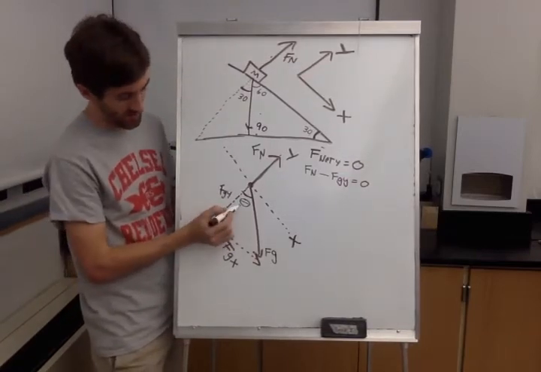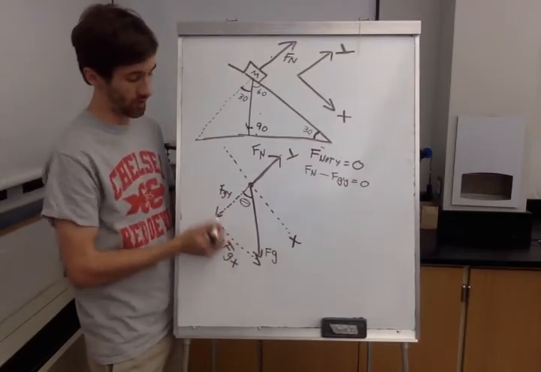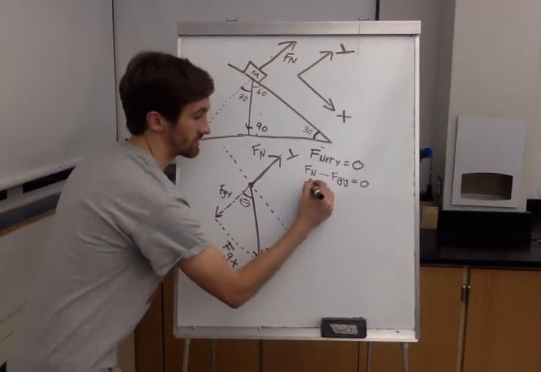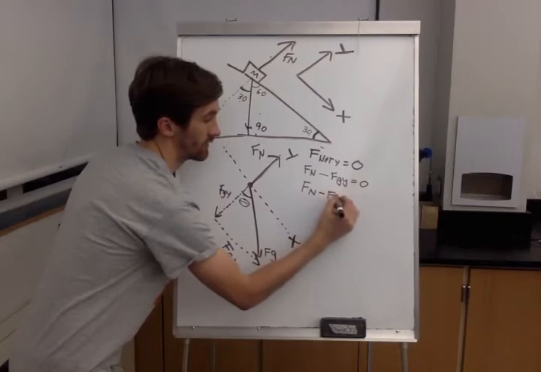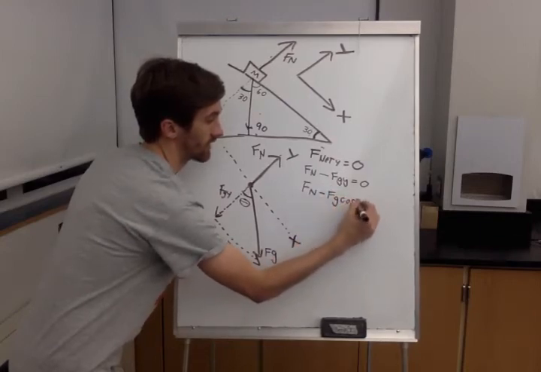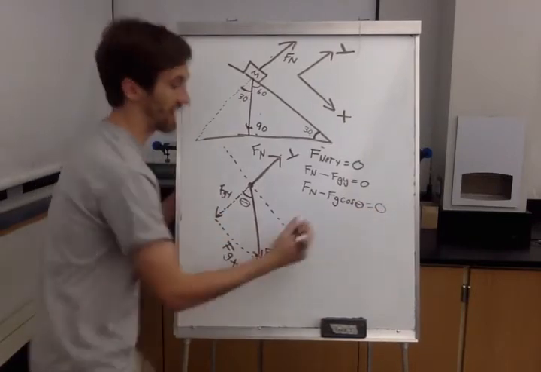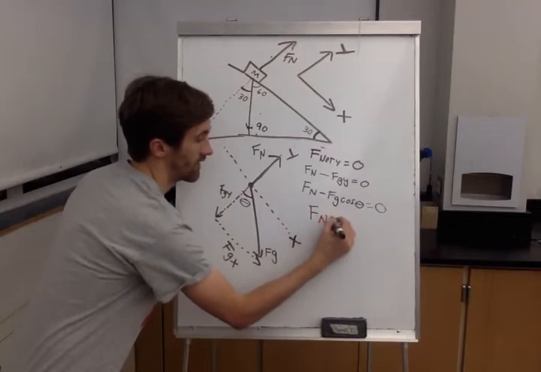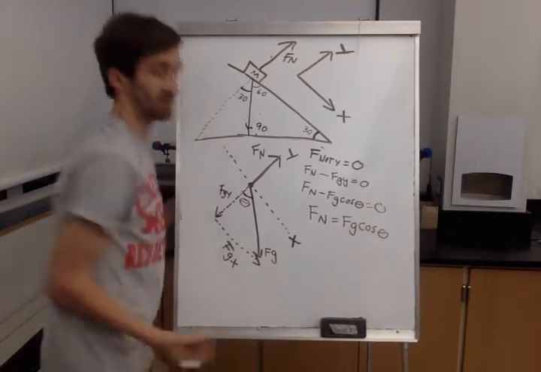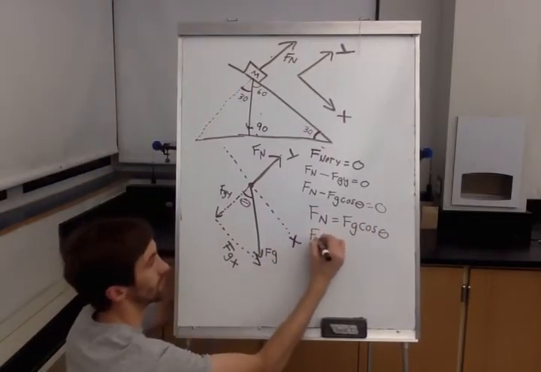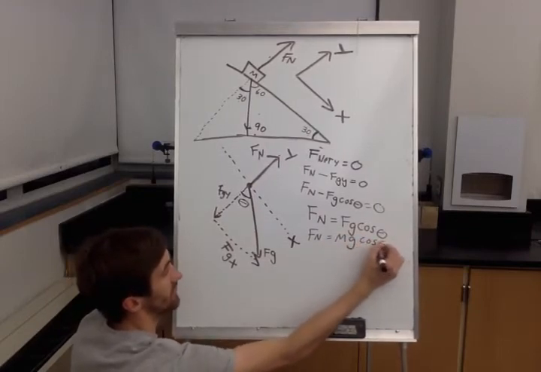And then I know that this Fgy is the adjacent side of this triangle, and so that changes into Fg cosine of theta equal to 0.